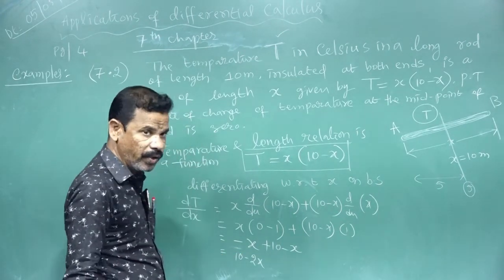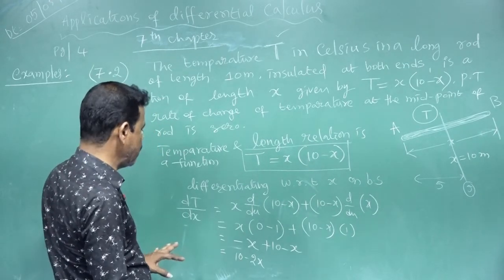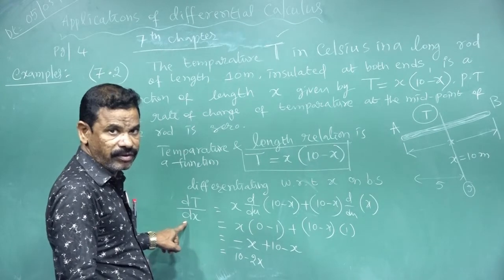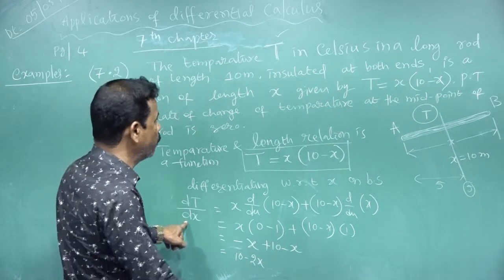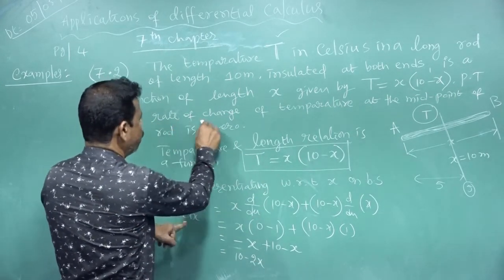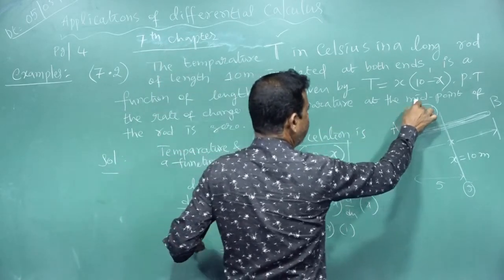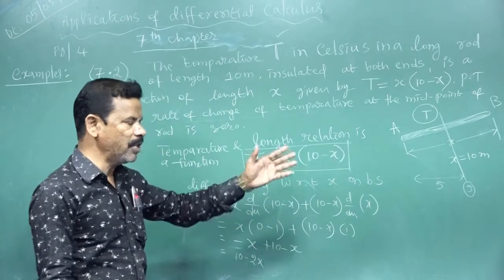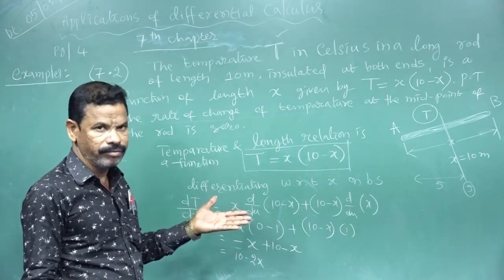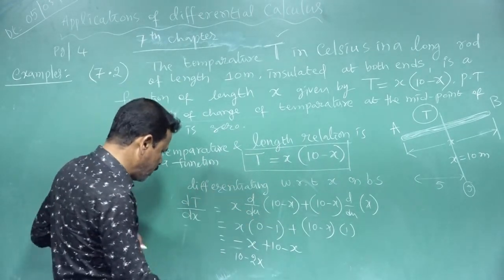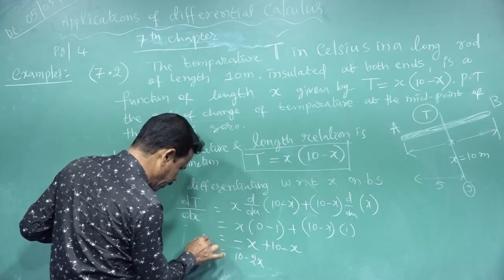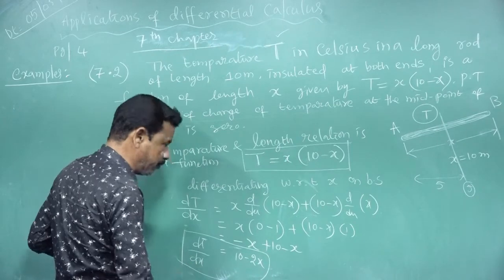After this, what is the question? Where is dT/dx equal to 0? He is asking that the rate of change of temperature at the midpoint of the rod is 0. Midpoint means 5. We prove exactly that 5. So this is the dT/dx function.